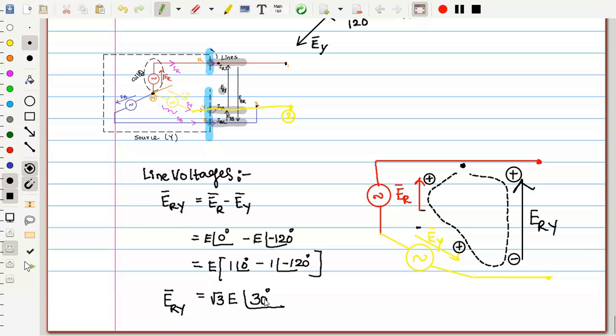The angle of this is plus 30 degrees. We will plot the phasor diagram also a little later. This is the magnitude, and that should be very clear to you.